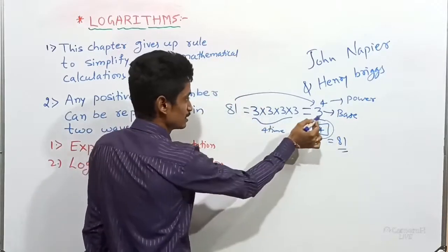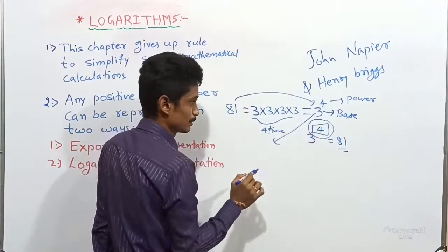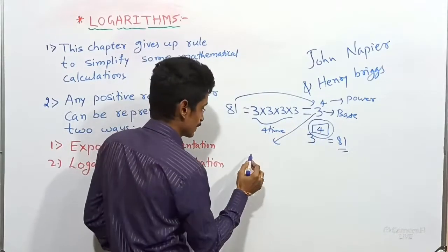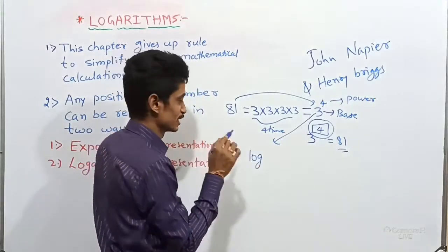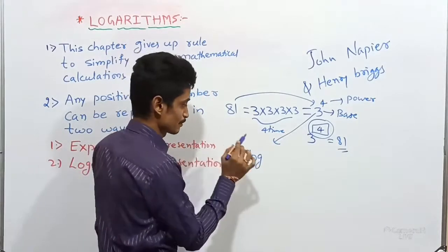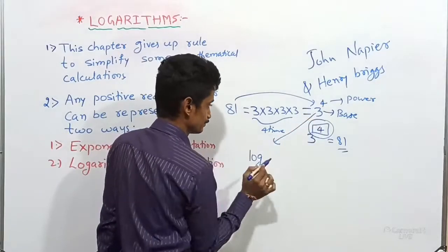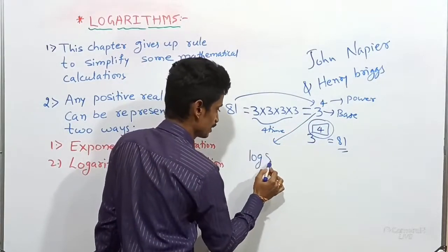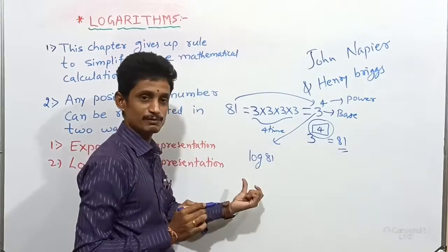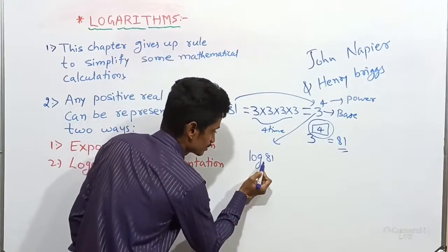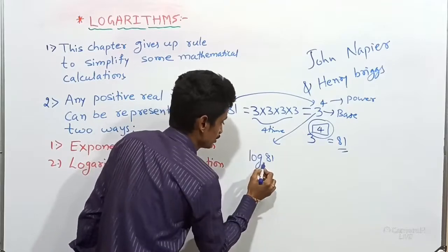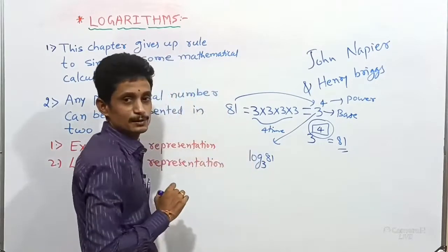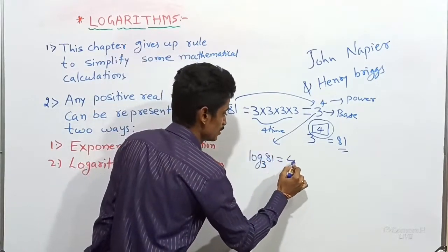The same representation, 3 power 4, I will write in another way, that is log, shortly LOG. This is the symbolic representation. Log of the number, which is 81. Continuously we write here in the suffix, a little bit down, the base. Our base is 3. The answer is 4.